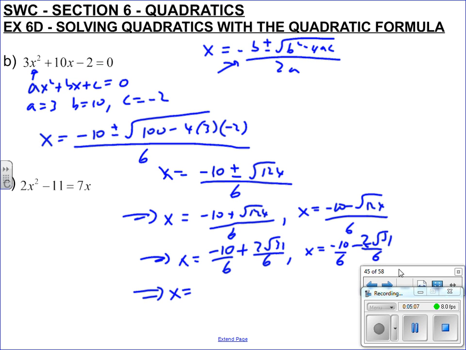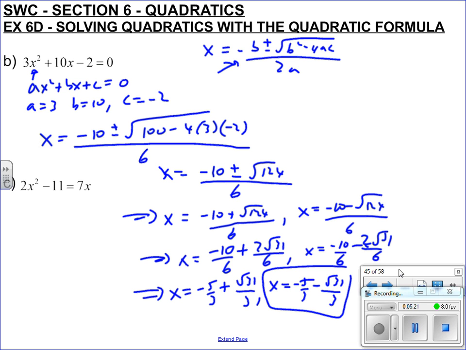So minus 10 over 6 is the same as minus 5 over 3, plus, and 2 over 6 is the same as a third, so root 31 over 3. And x is minus 5 over 3 minus root 31 over 3. So notice the solutions, the only difference is that plus or minus bit. Okay, one solution, two solutions.